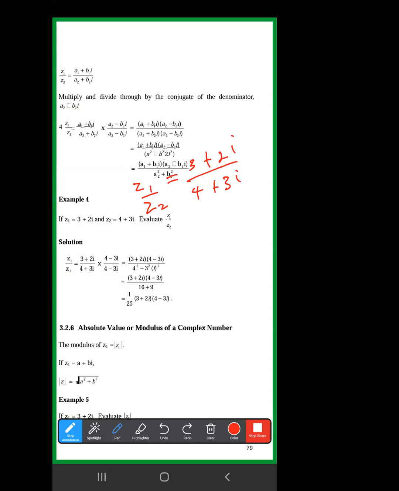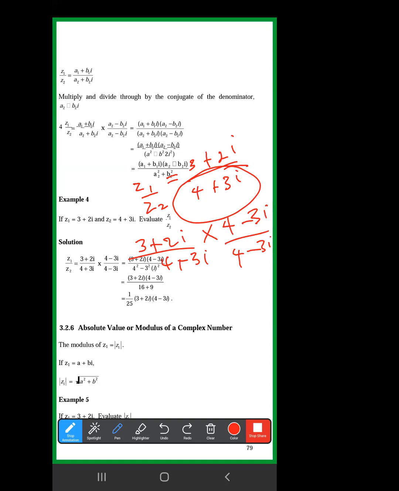Now, you use the conjugate of the denominator to multiply up and down. So it will be 3 plus 2i over 4 plus 3i times 4 minus 3i over 4 minus 3i. Where do we get 4 minus 3i from? Conjugate, isn't it?